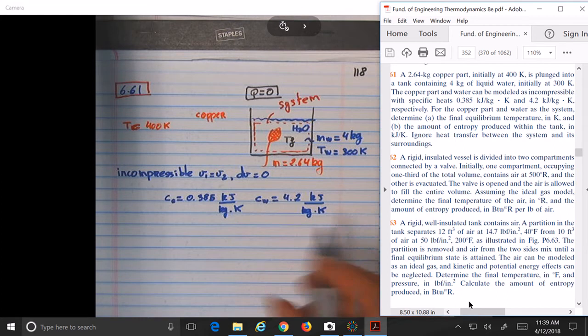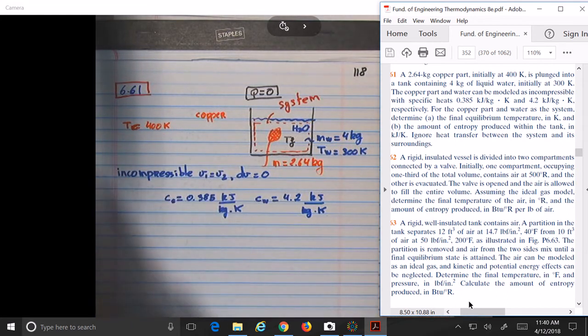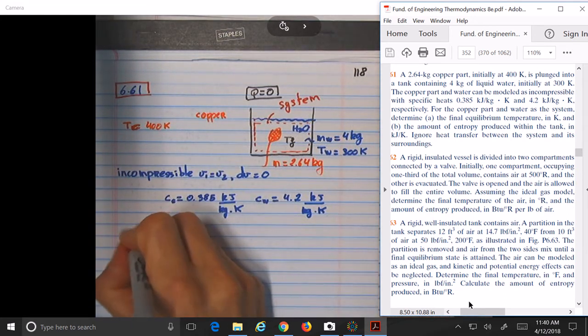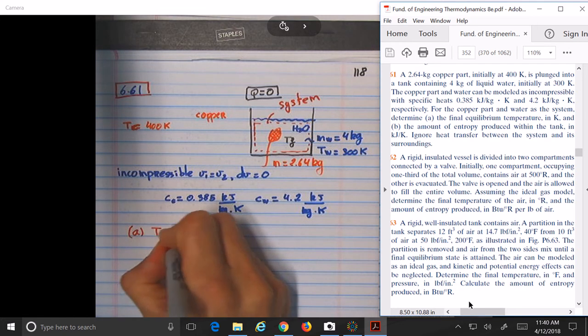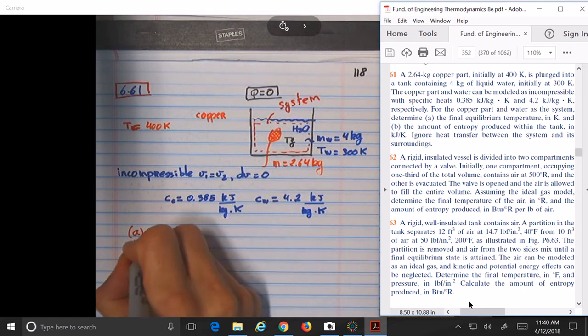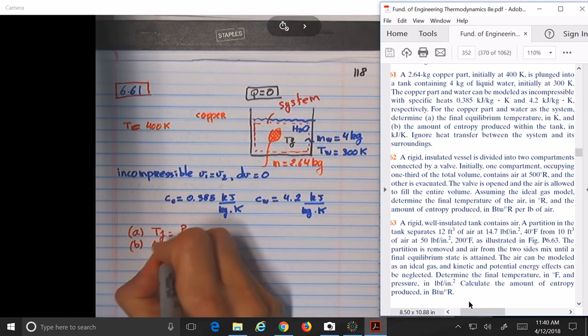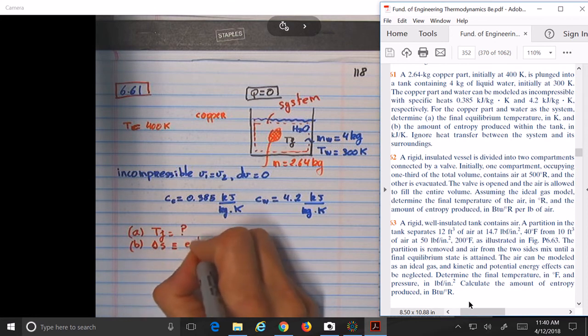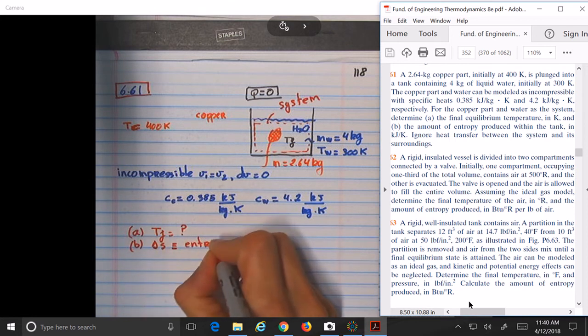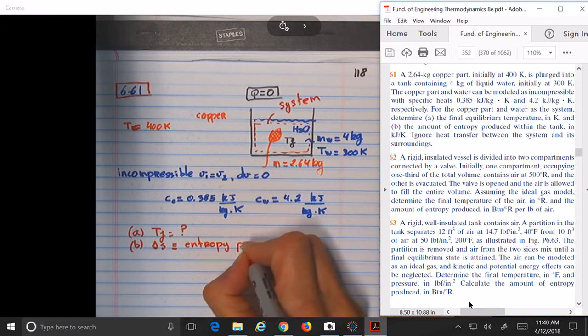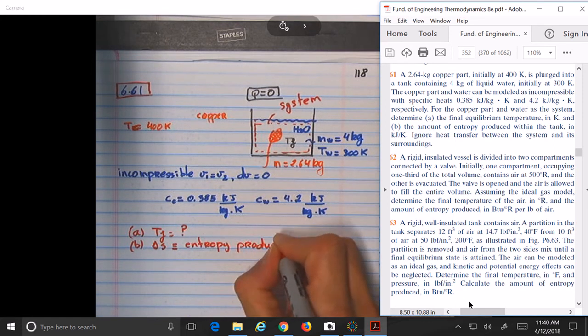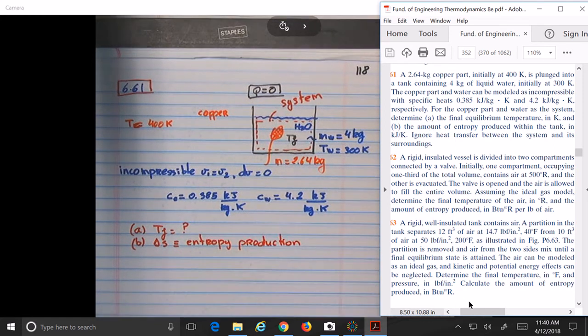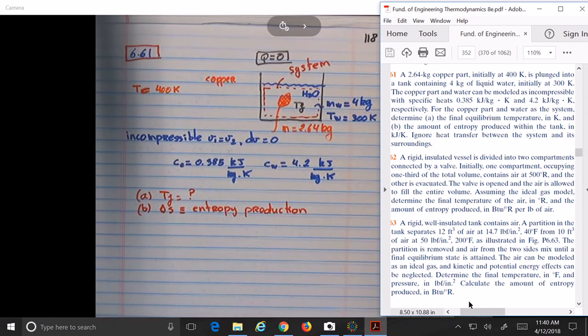Part A is to find T final. Part B is to find delta S, what is known as the entropy production. In the book they call it sigma, but we don't use that. Okay, so now we can eliminate this stuff.